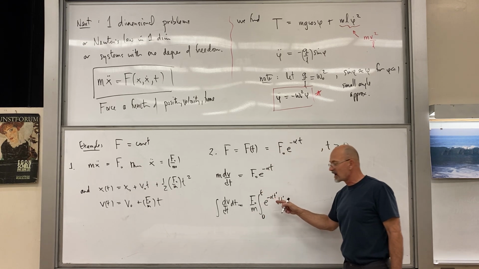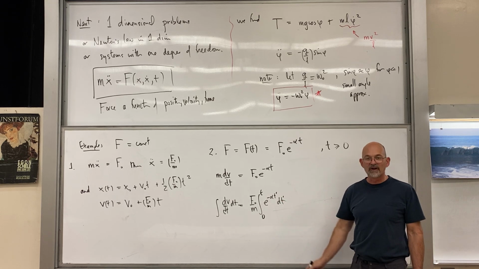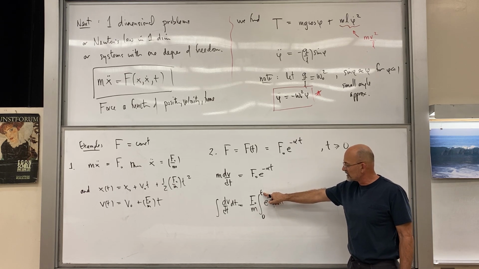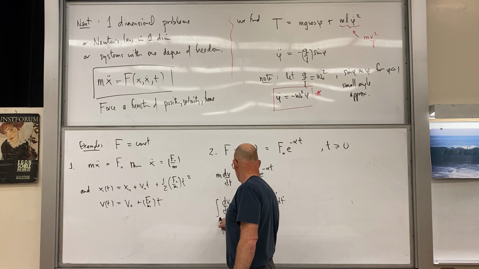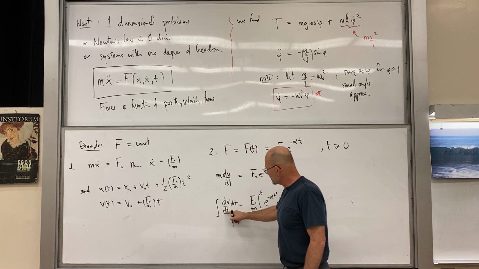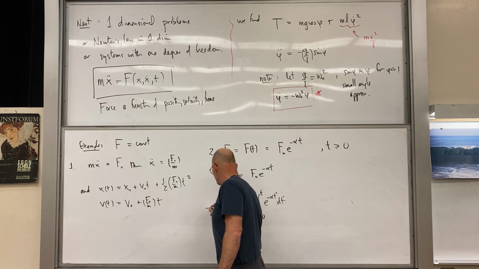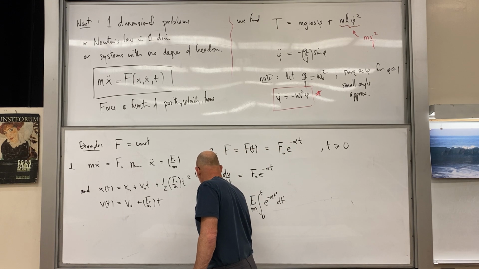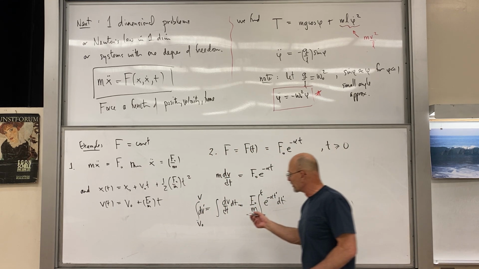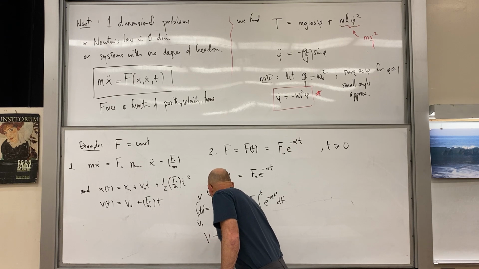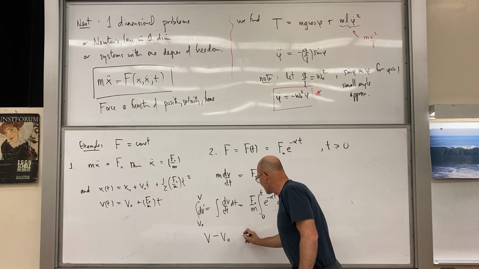So when I say t prime, it's just an integration variable. There's the actual t of the function over here, since we're going from 0 to t. We could actually say we have integral dv prime from v naught to v. So yeah, we're going to get v minus v0 on the left side.